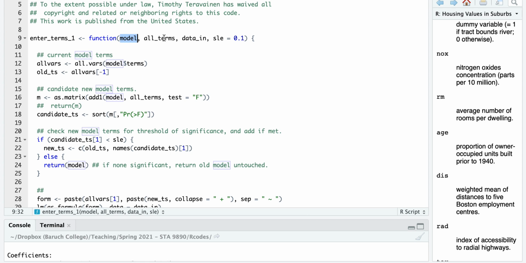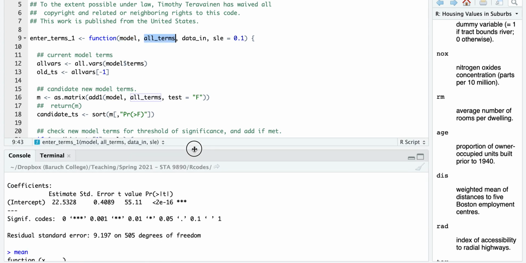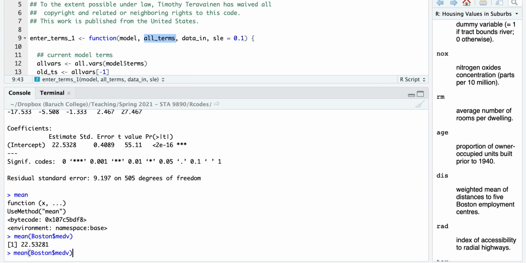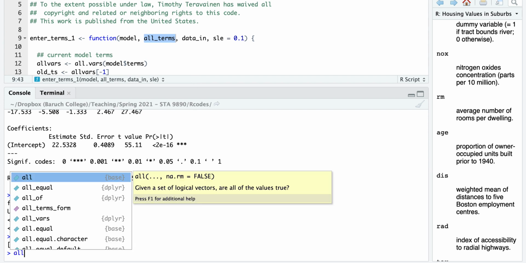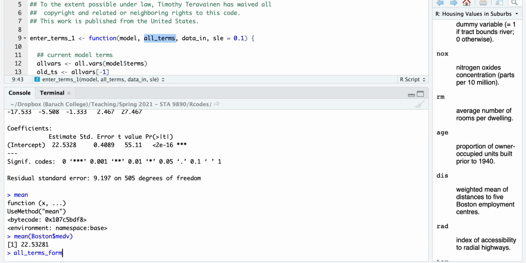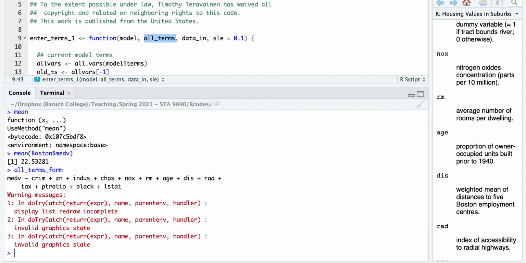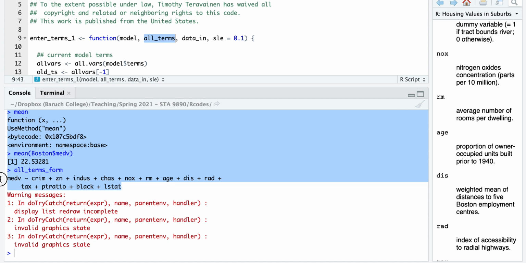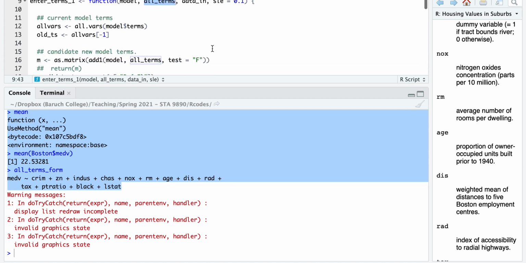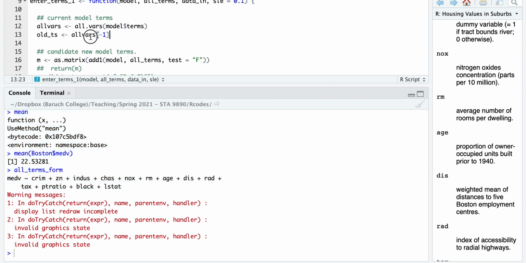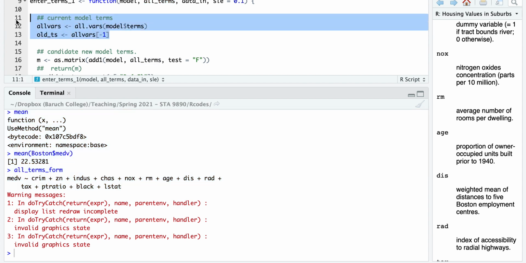Enter terms receives a model, receives all the terms, this is all the terms and the data. Okay, so in this part we get all the variables, all the predictors, right, from this model.